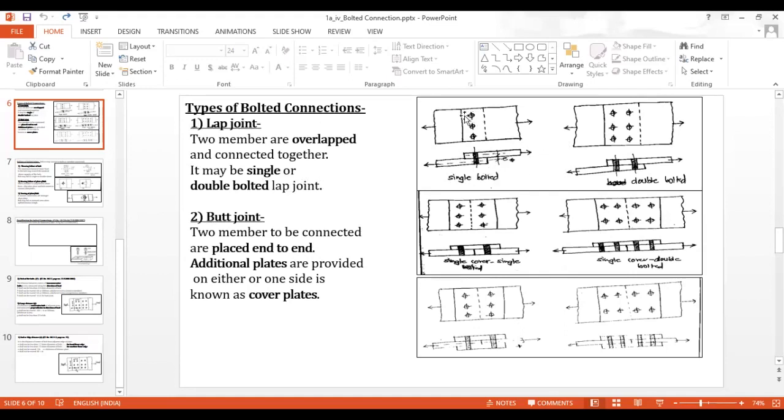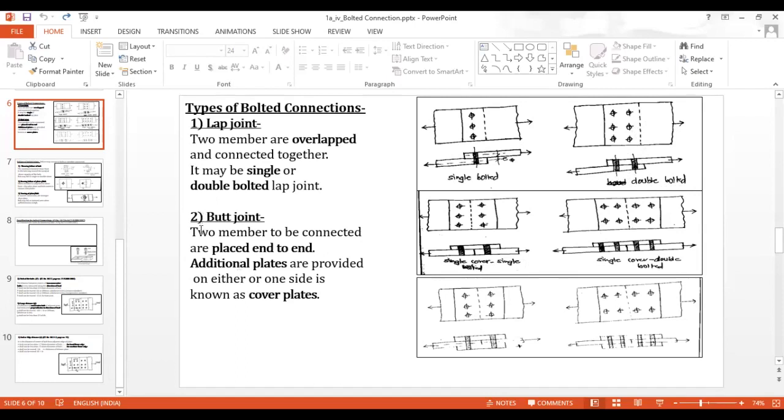Whenever there are two members placed one over the other and connected by a bolted connection with a single row of bolts, it is called a single bolted lap joint. If the number of rows of bolts is 2, then it is called a double bolted lap joint.